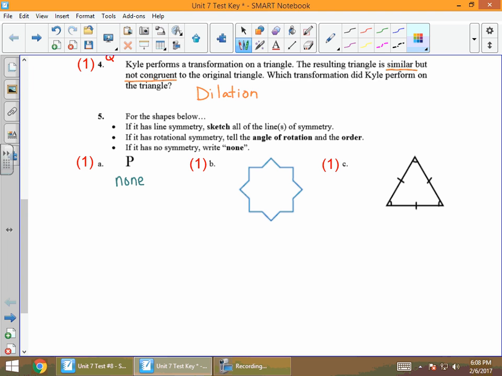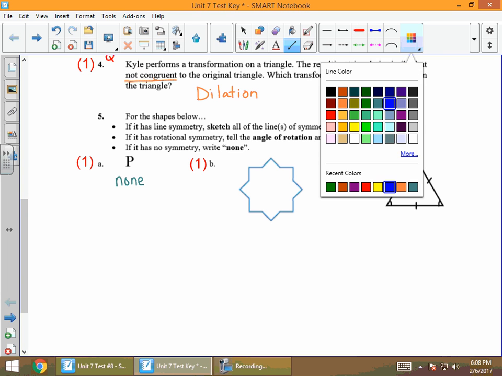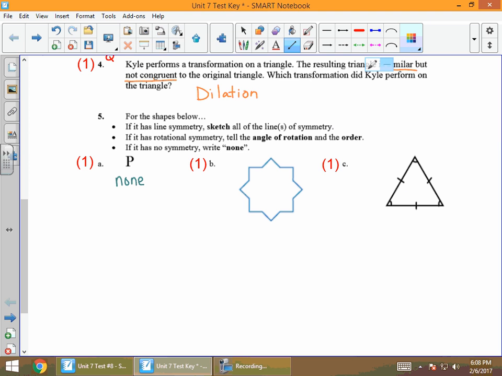Letter B has both line and rotational. So let's take care of the line symmetry first. So I can go straight up and down, and left and right, and kind of through the stars, and then also the halfway points.